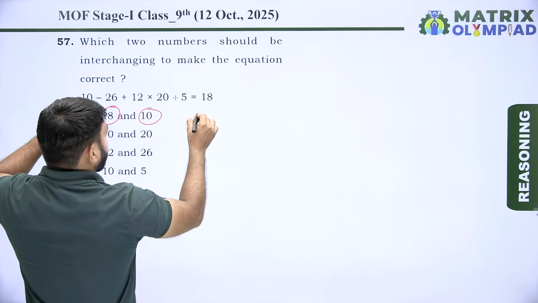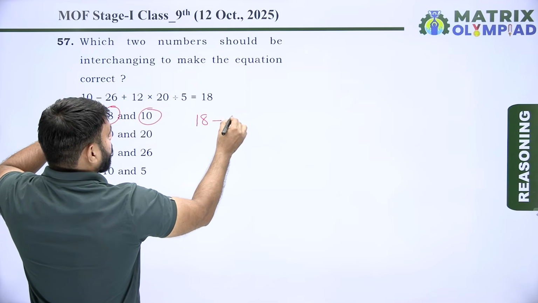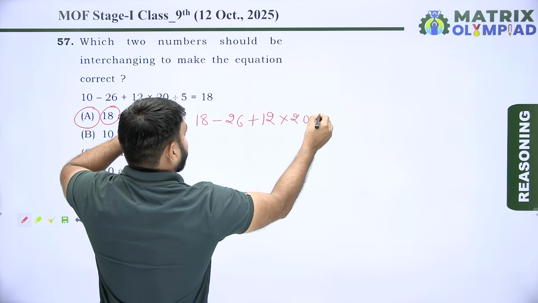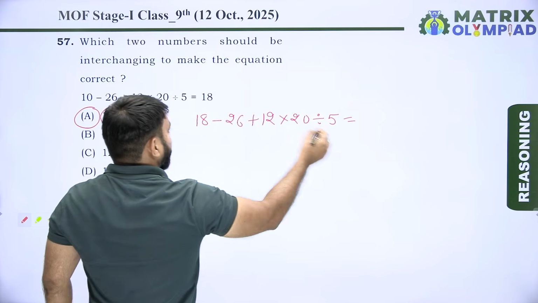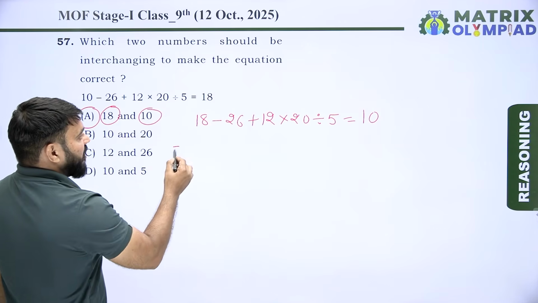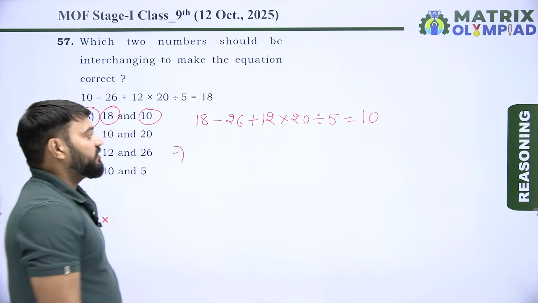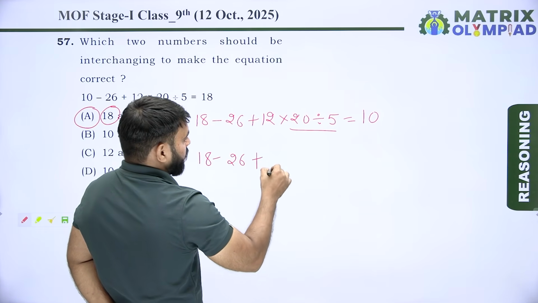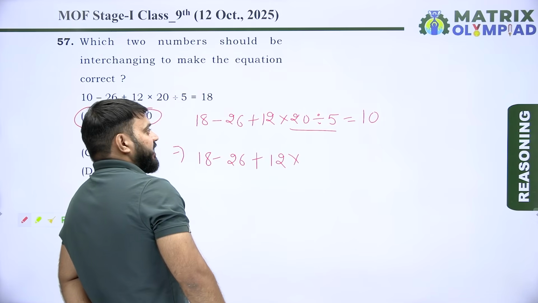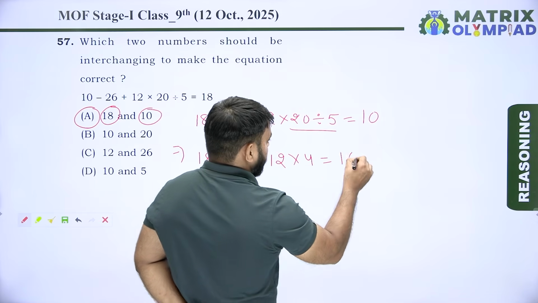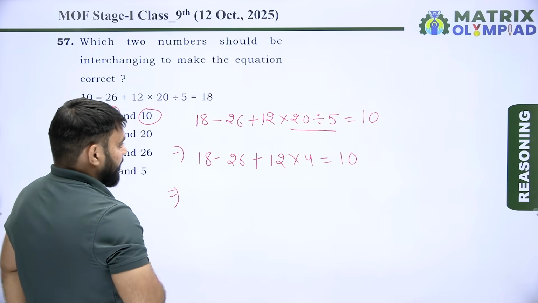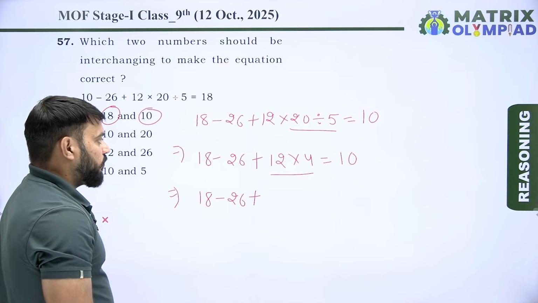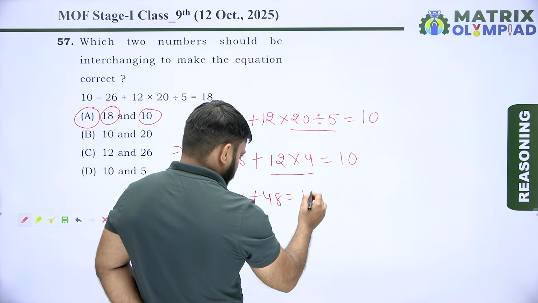So the equation is 18 minus 26 plus 12 multiplied by 20 divided by 5 equals 10. Using the BODMAS rule, first divide: 20 divided by 5 is 4, so 18 minus 26 plus 12 times 4 equals 10. Now multiply: 12 into 4 is 48, so 18 minus 26 plus 48 equals 10.